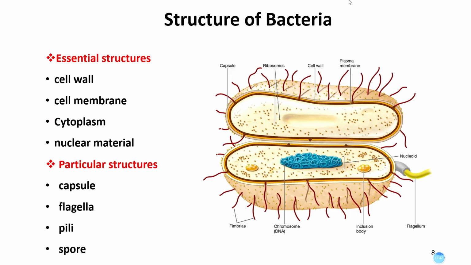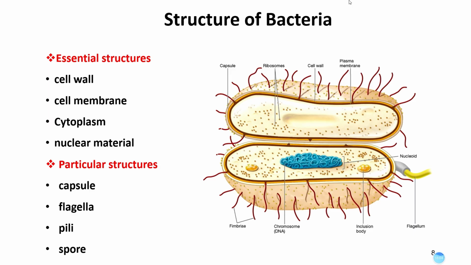And we also introduce some particular bacterial structures. The particular structures include the capsule, which is an additional layer of material surrounding the cell. Outside the cell, there is a special component surrounding it.